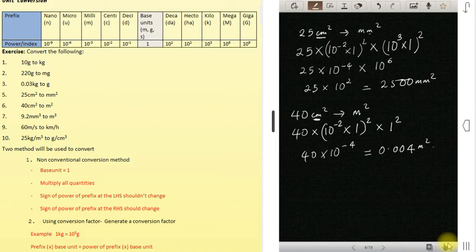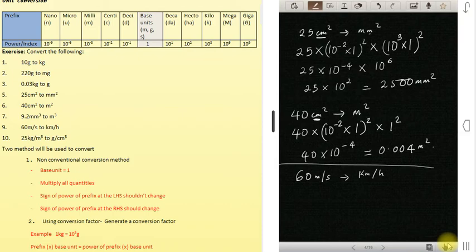Okay, now the next is question number 9, but wrongly numbered. I have 60 meters per second to kilometer per hour.